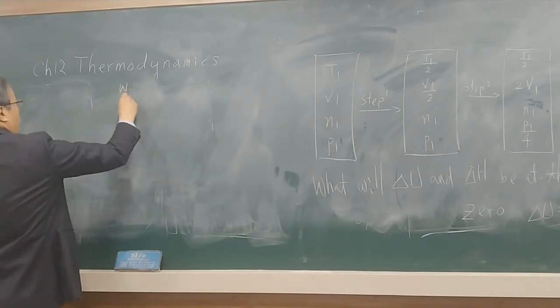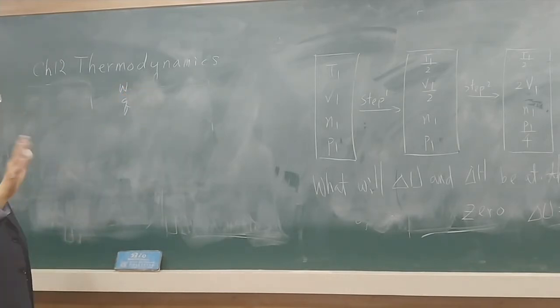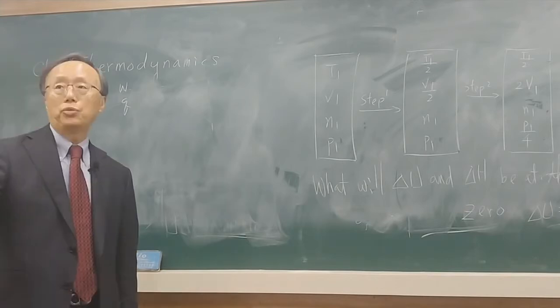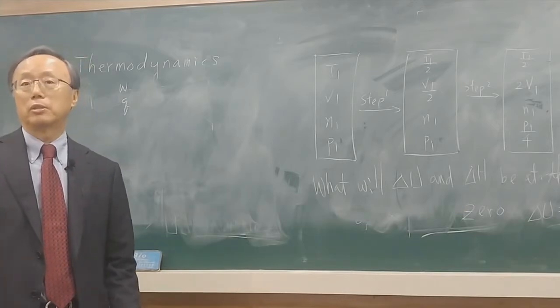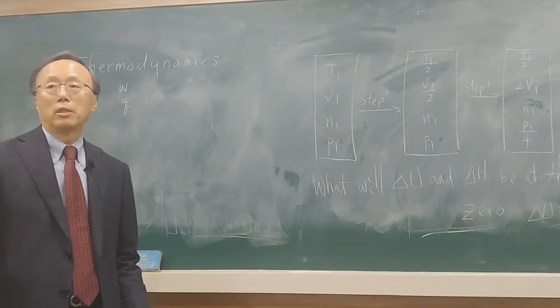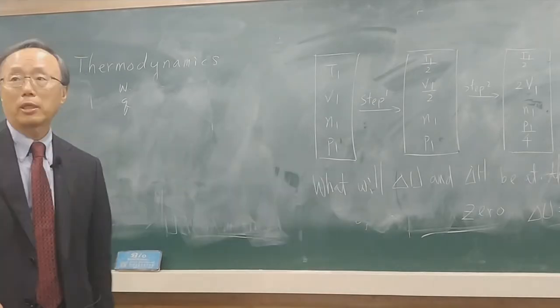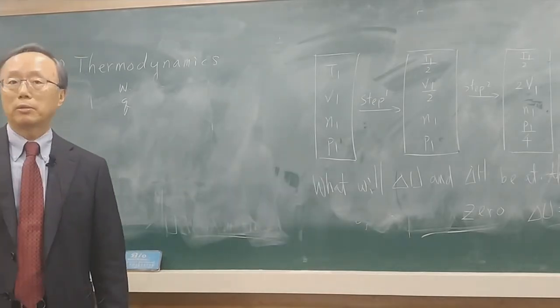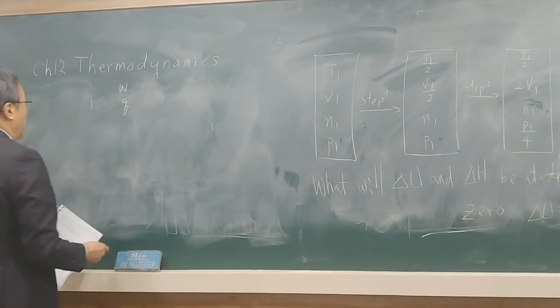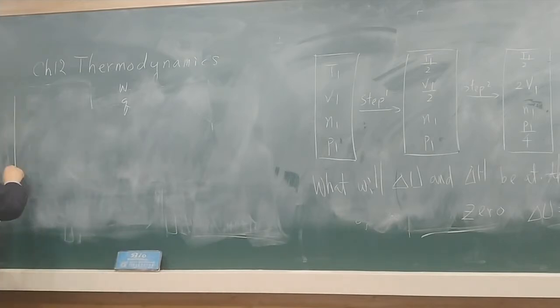U and H are state functions. State function means the final state and initial state: if they are the same, then there's no change at all, right? So let me calculate.